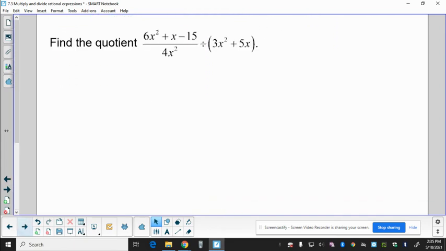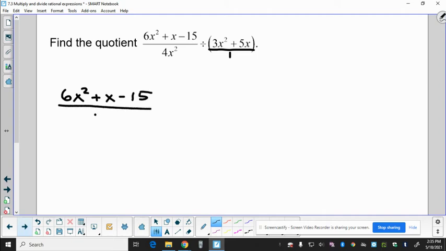All right, same thing goes here. So if I was going to do this, I believe what I would do is think of that 3x squared plus 5x over 1. So we'll keep our first fraction intact, but we'll multiply by the reciprocal of this.